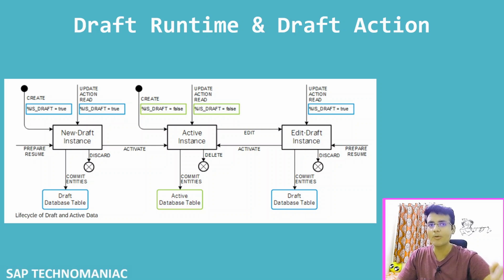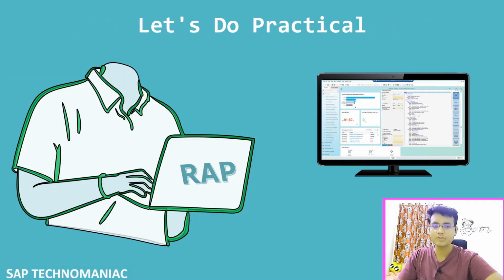So we will get to know when each and every action gets called. If required, we can write code there as well, but as of now we want to see when these actions are called when we are working with the front end. So without wasting time, let's jump into the system.